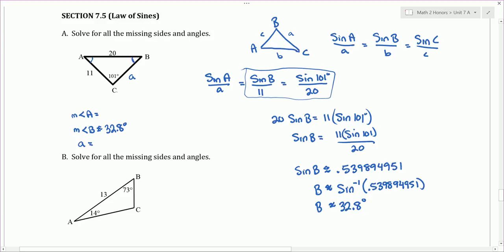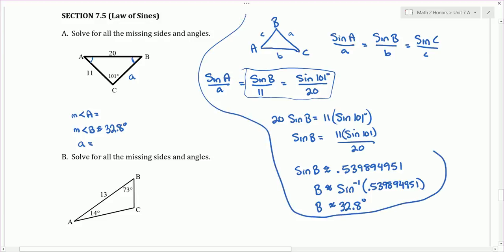I know the measure of angle C. We found the measure of angle B. We can now do some work to find angle A. All three angles add up to 180. So capital A, that'll be the measure of our angle A, plus B, which is 32.8 roughly, plus 101 is equal to 180.